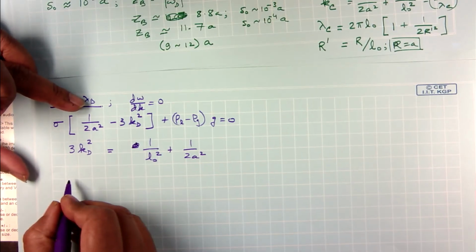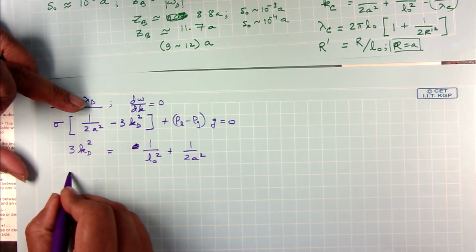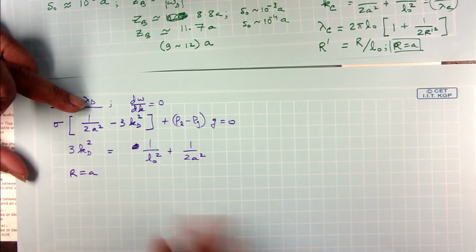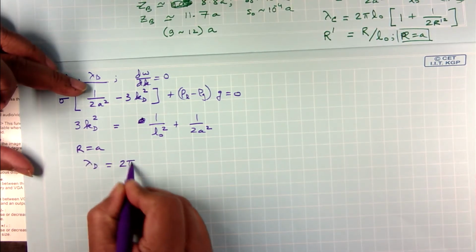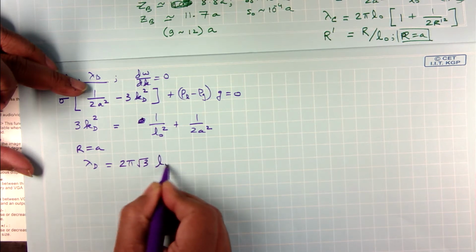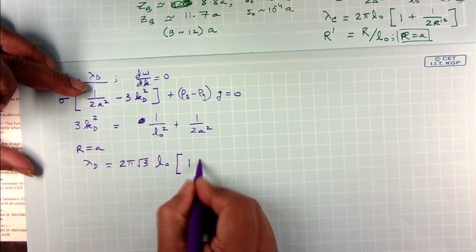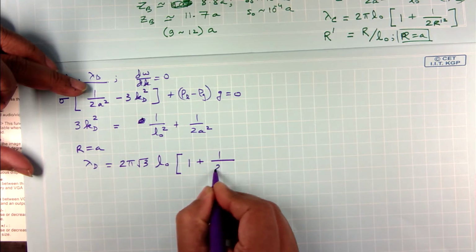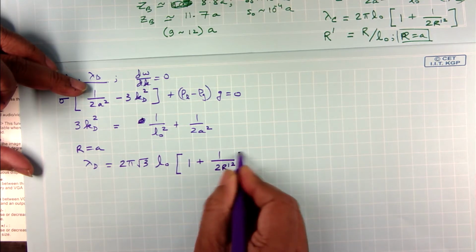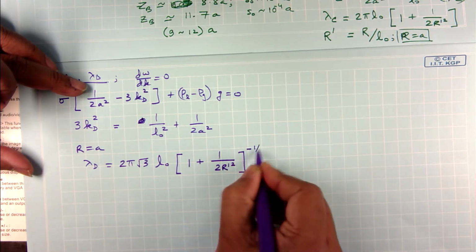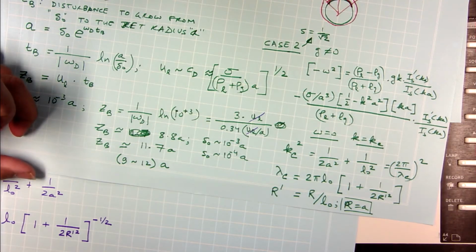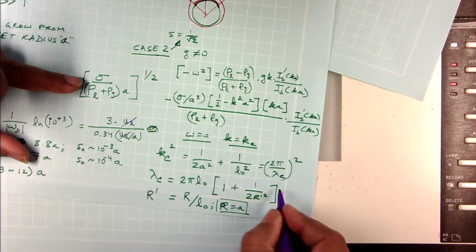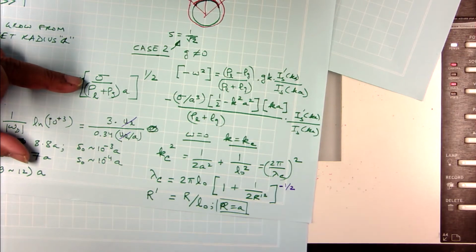Okay. And for a cylinder where your R is equal to A, then my lambda d is equal to 2 pi root 3 L naught times 1 plus 1 by 2 r prime square to the power of minus half. Actually, I missed a minus half here, I am sorry. There should be a minus half over here, I missed that.